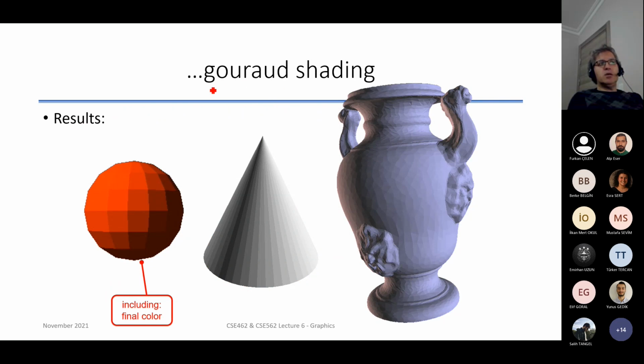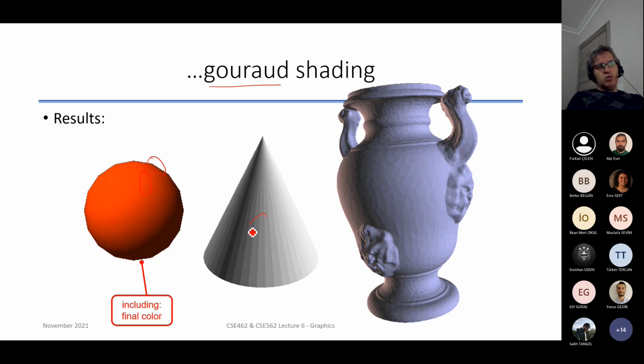Okay, so the final color can also implement some shading algorithms, like Gouraud shading, for example. You see the Gouraud shading here. This is the color, and you see this one, without the interpolation, looks like the geometry is showing up here, and then you can smooth this using Gouraud shading.